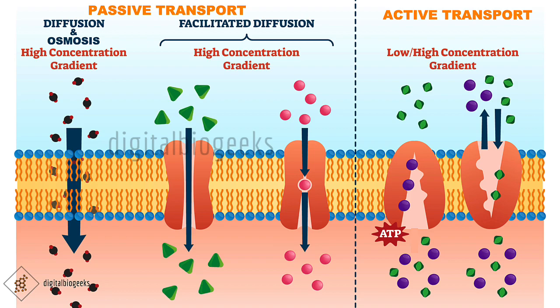Now, let's learn about active transport. This is the passage of molecules against the concentration gradient. That means the molecules pass from lower concentration to higher concentration. ATP is required for this process. Examples are the movement of glucose and amino acids which cells need in larger quantities.